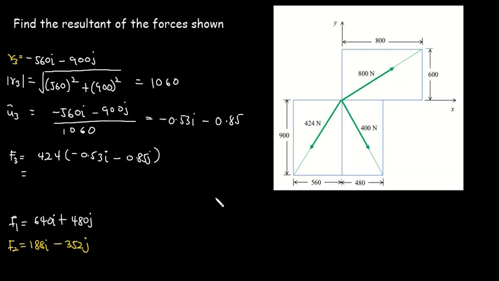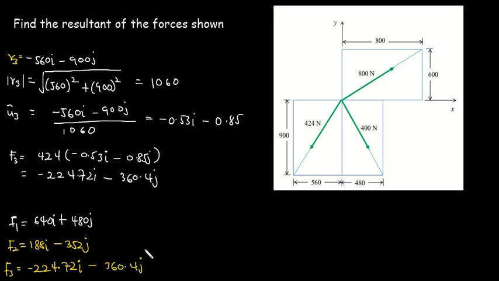You have 424 multiplying minus 0.53, that will be equal to minus 224.72 I, and minus 424 multiplying minus 0.85 will be minus 360.4 J. So let's write that down. For F3, we have the component as minus 224.72 I minus 360.4 J.